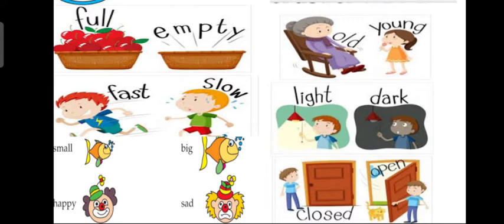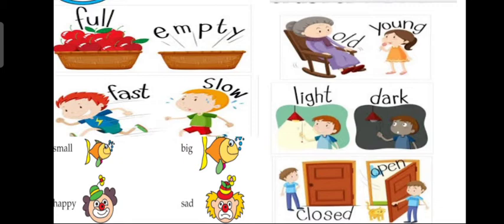So the opposite of small is big. Next, happy, sad. Opposite of happy is sad. Next. What can you see? An old grandma and a young girl. So the opposite of old is young.